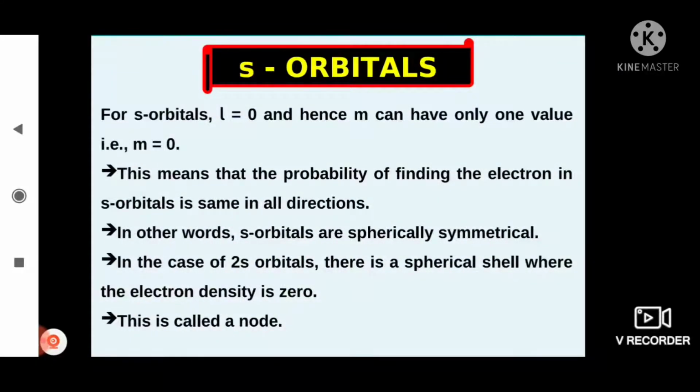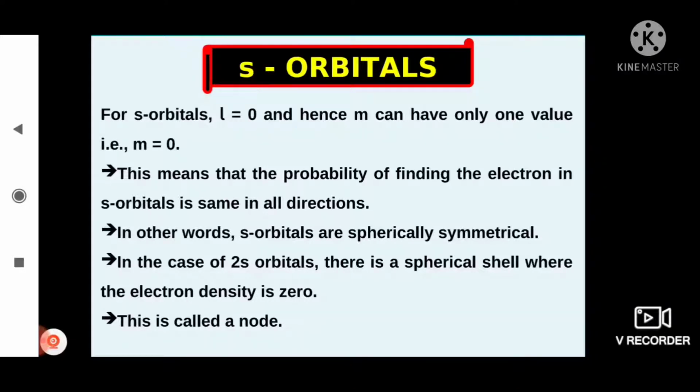For an s orbital, the azimuthal quantum number l is 0. Hence, the magnetic quantum number m can have only one value, that is 0. That means the probability of finding the electron in an s orbital is the same in all directions.